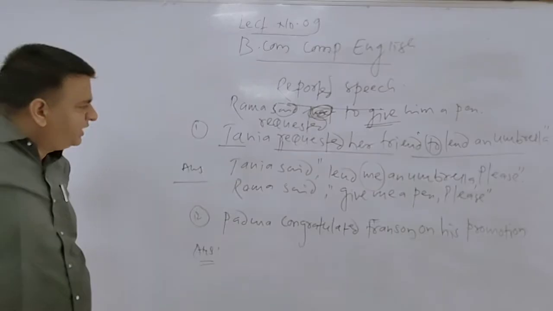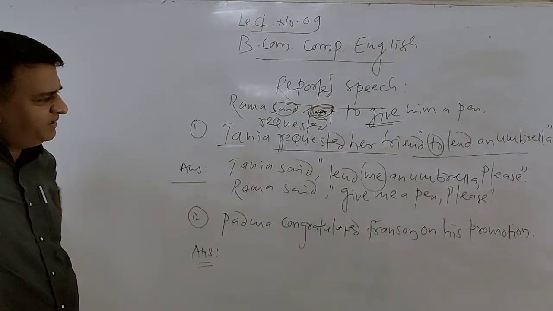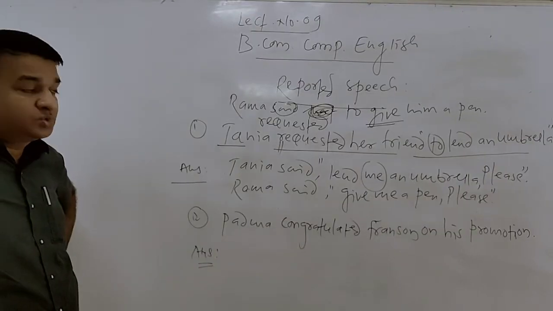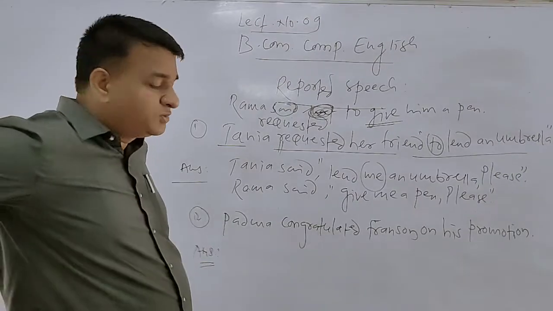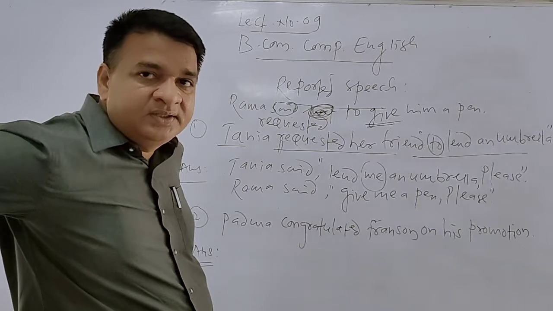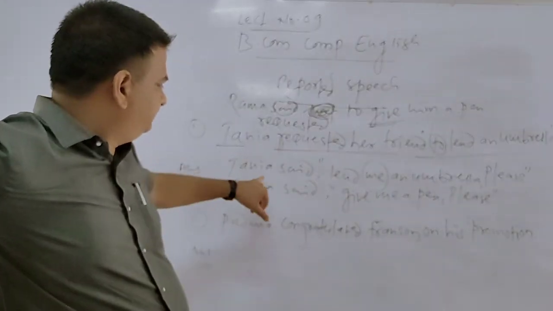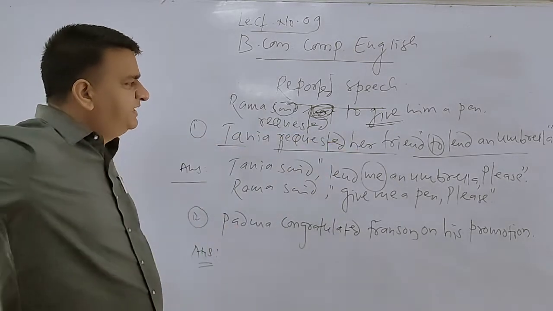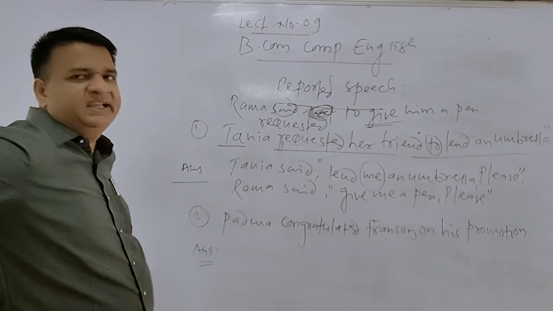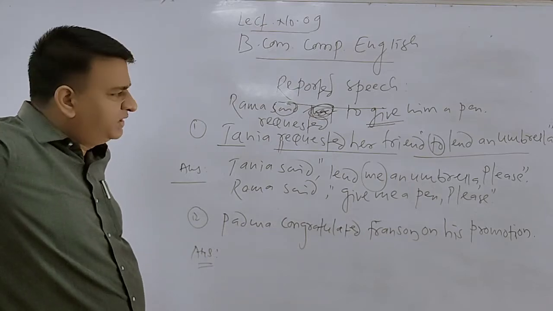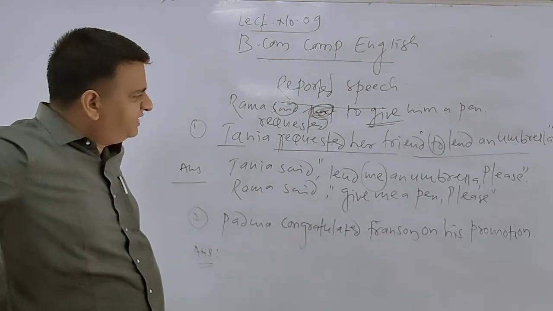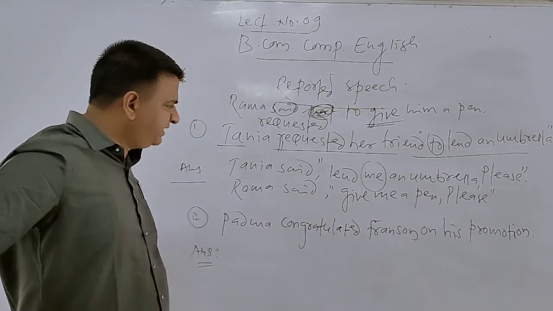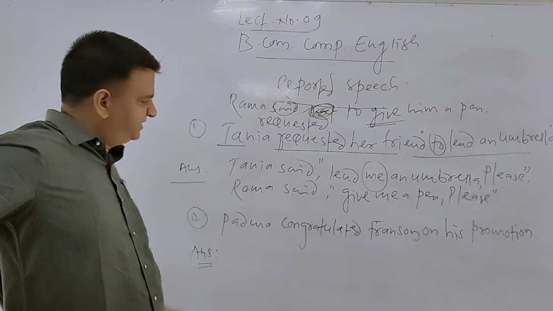This way we have Tanya said lend me an umbrella, or lend an umbrella please. So there is a reference of 'please', so we add here 'requested'. Requested comes because of 'please', and it's an imperative sentence, so we started directly with the verb lend, or Rama said give me a pen please.